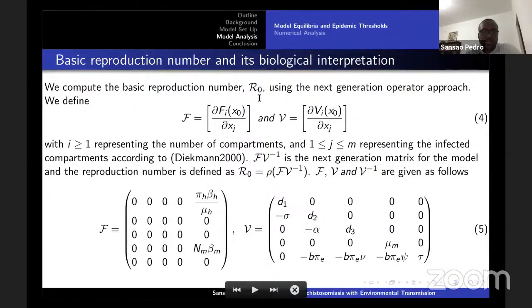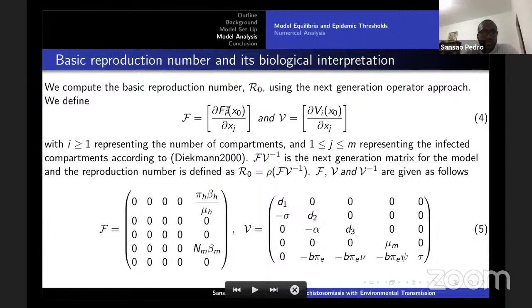Why disease-free equilibrium? Because the perturbation that we are looking at is from the disease-free equilibrium. We want to know if we have a community without a disease and we introduce an infective individual, are we going to have an epidemic or not? So it should be evaluated at the disease-free equilibrium.